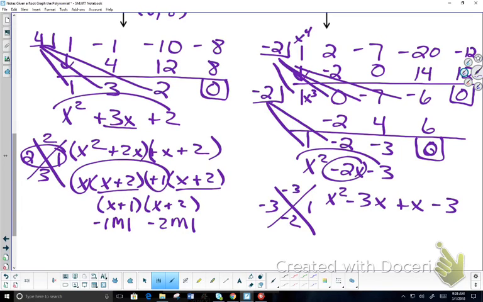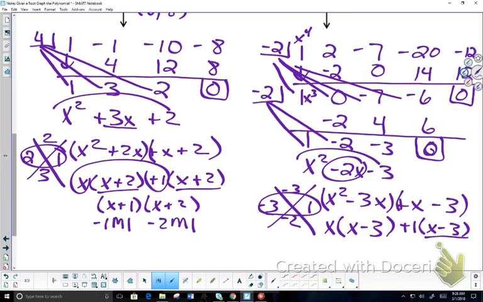Remember, this middle term is replaced by these two. Then we group these. I have x in common in the first one, leaving me with x minus 3. The second one has 1 in common, leaving me with x minus 3. Once again, these have to be the same for grouping to work. And then these two will be my other factor, so I have x plus 1.